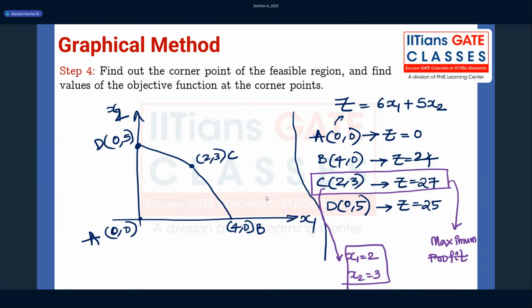Find the maximum value of the objective function and the point at which it is maximized, and that is your solution. So that is graphical mathematics.